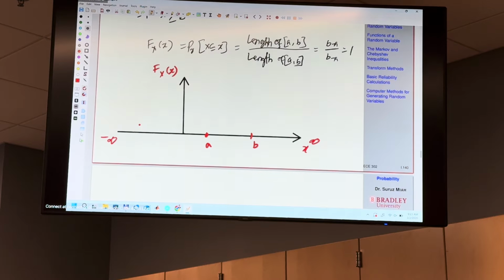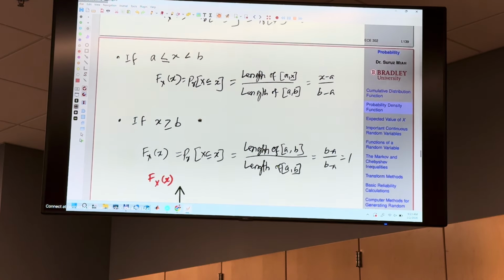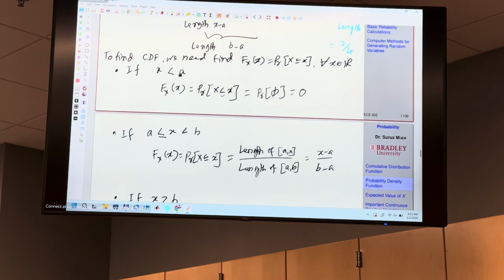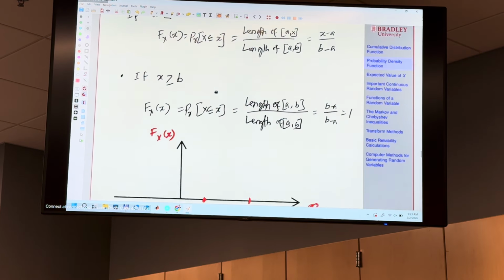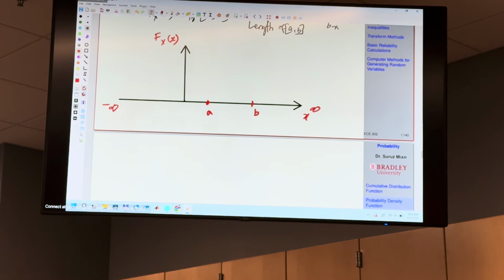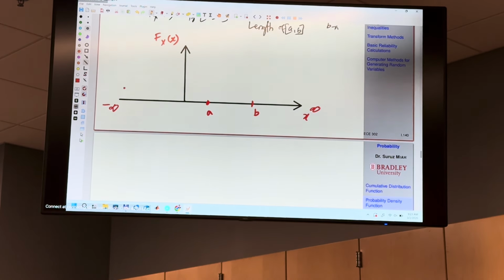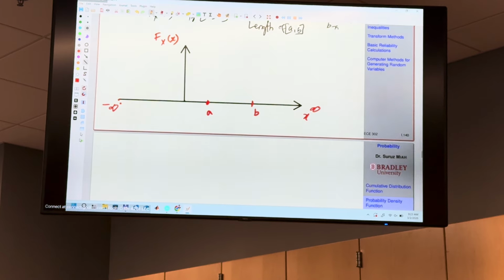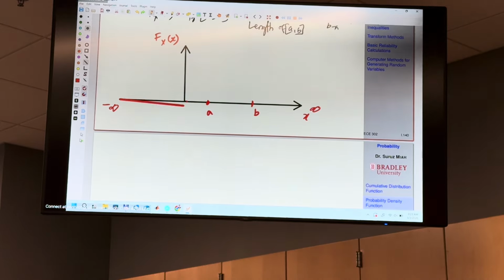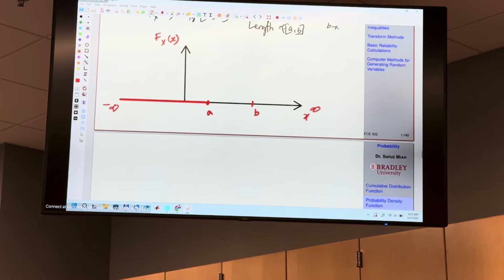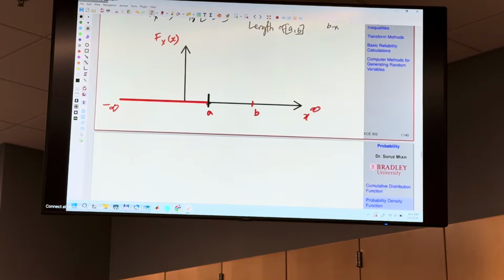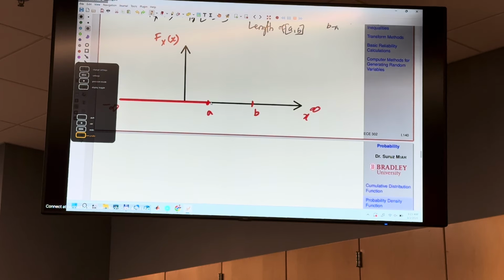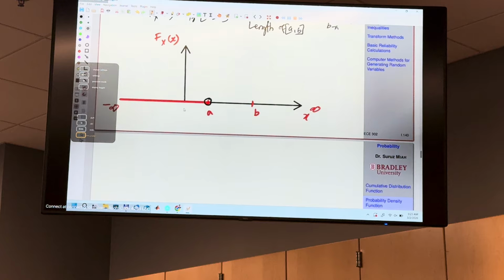Now, look at the condition. x less than a gives basically 0. So you go all the way from negative infinity to here, but not including a.